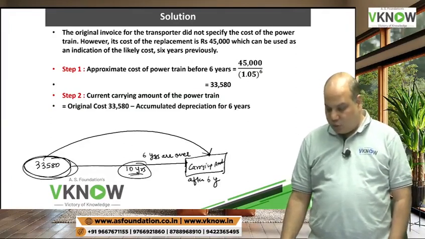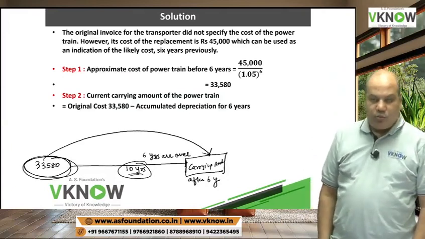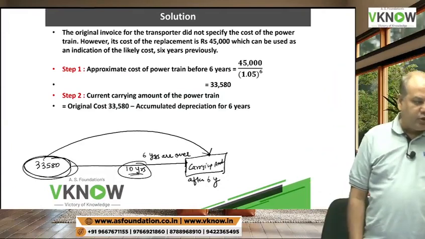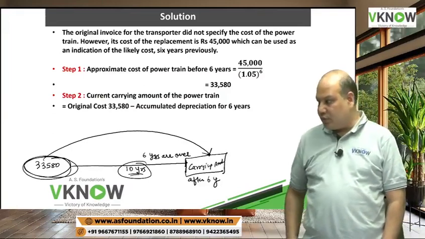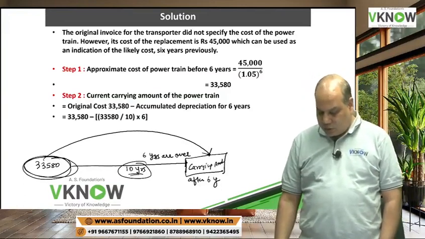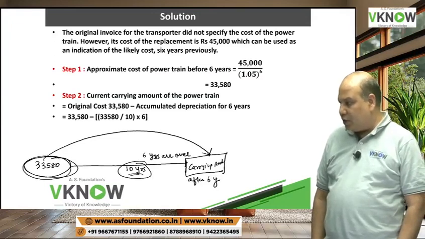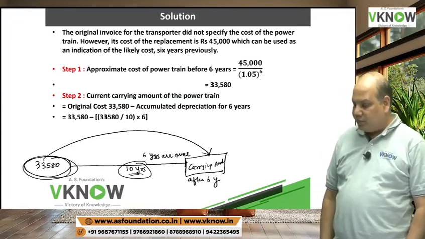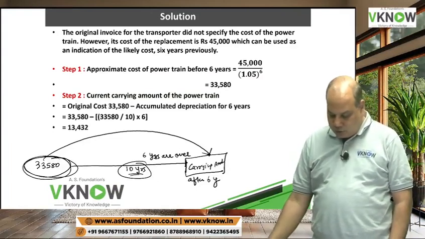So the answer will be original cost 33,580 minus accumulated depreciation for 6 years. So the answer will be 33,580 minus, in bracket, 33,580 divided by 10 into 6.